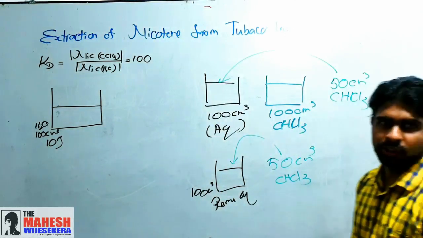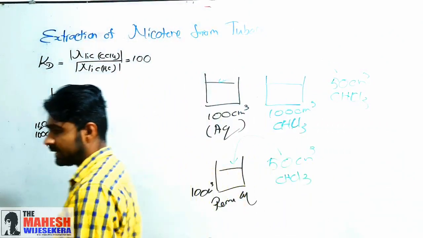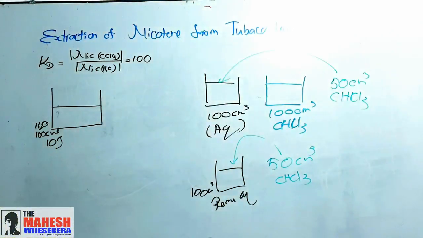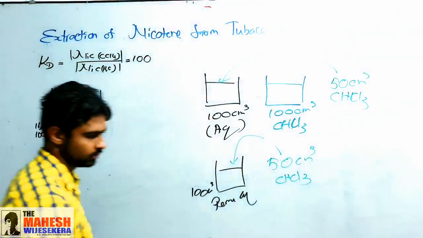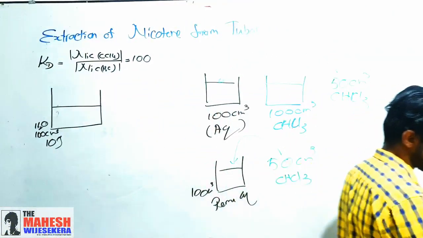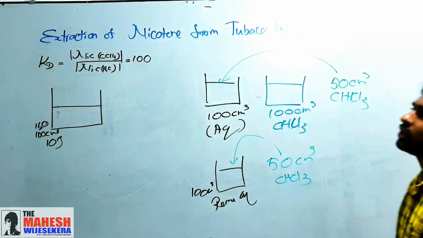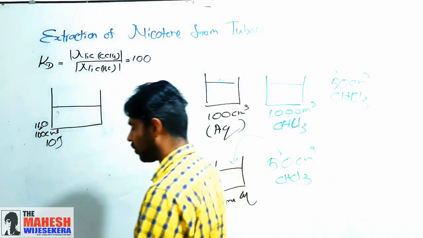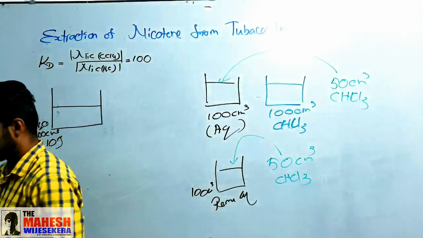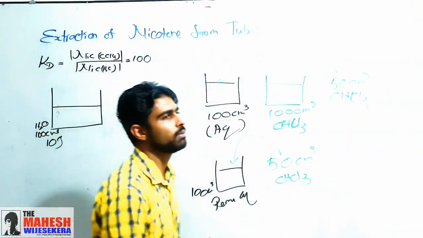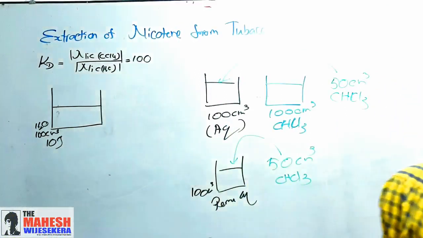It is proposed to extract nicotine into 100 cubic centimeters of CCl4.